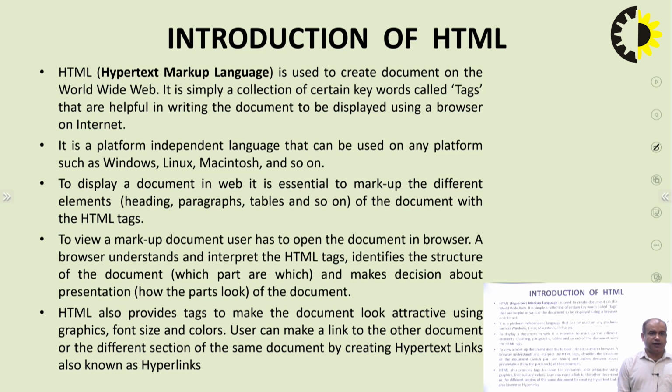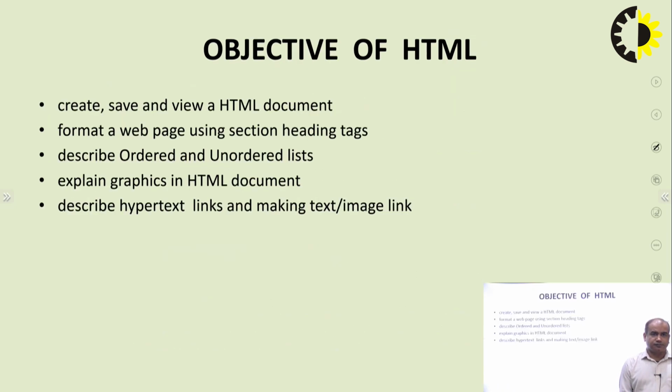HTML also provides tags to make the document look attractive using graphics, font size, font color, and the user can make links to other documents or different sections of the same document by creating hyperlinks, and that is called hypertext links.